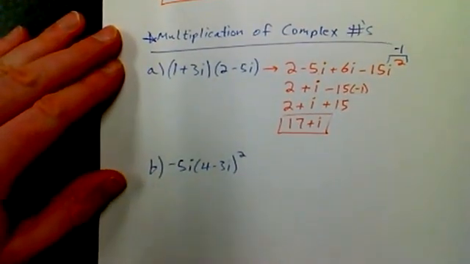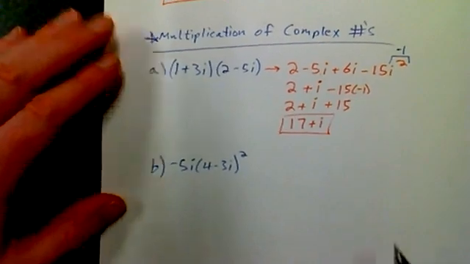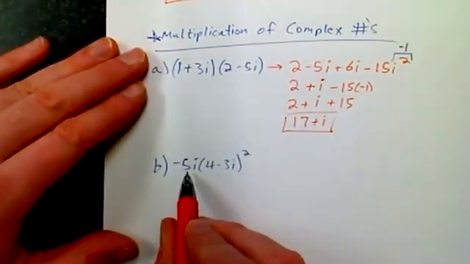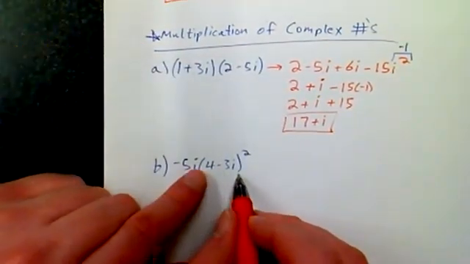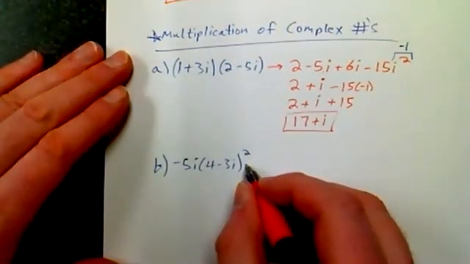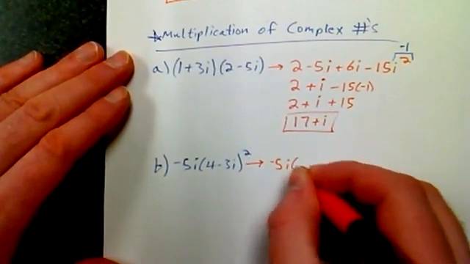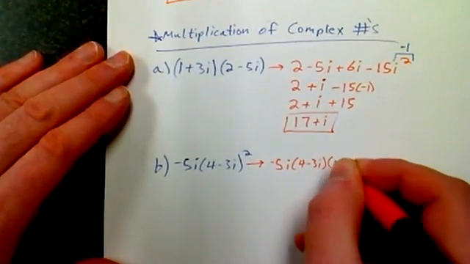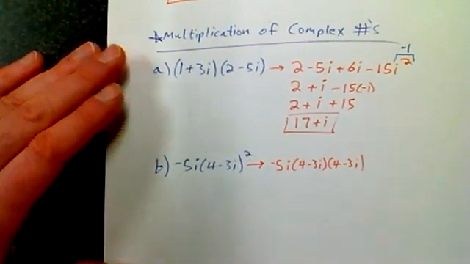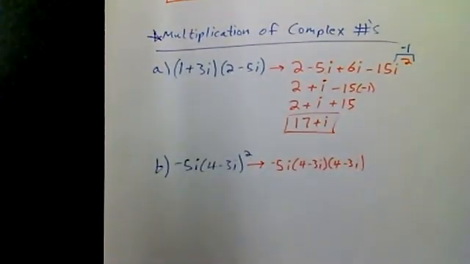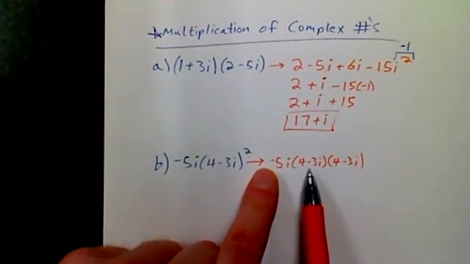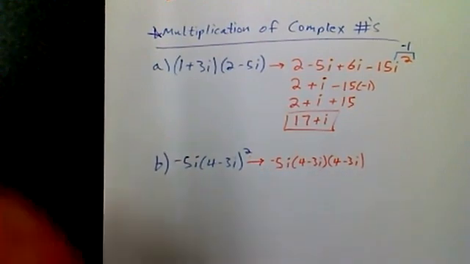Okay, so what do I got going on right here? Well, let's see. In this case, I have negative 5i times 4 minus 3i quantity squared. So I think it would probably be best to go ahead and say, okay, let's expand that out. 4 minus 3i, 4 minus 3i, just like so. And I'll deal with this first. I mean, I could do this one first, but I think this will be easier.